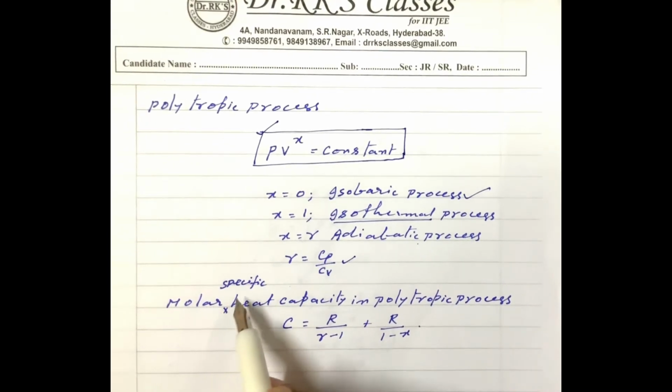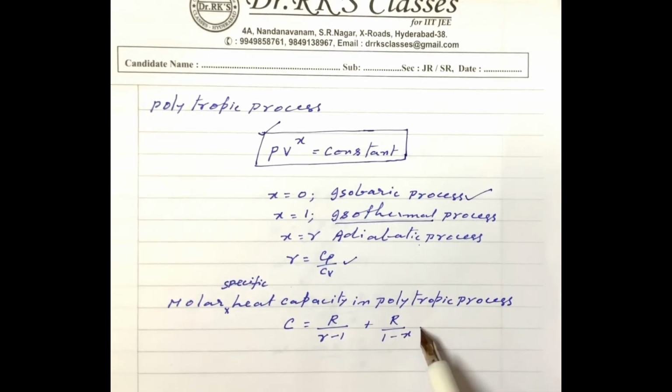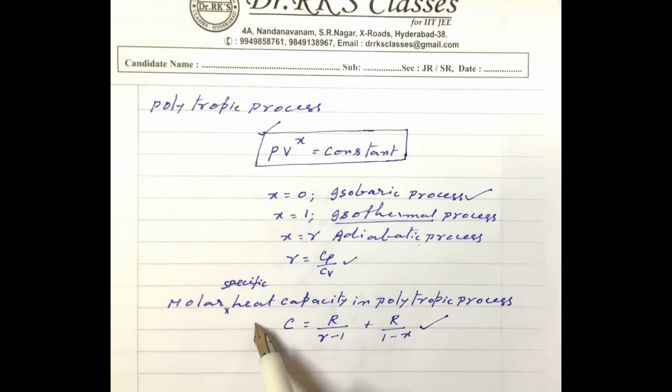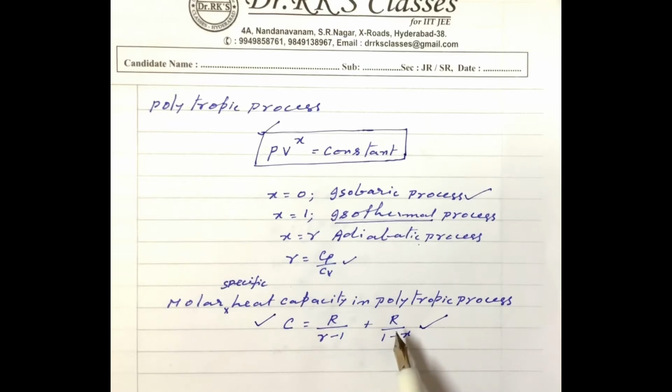The molar heat capacity in polytropic process is given by C is equal to R by (gamma minus 1) plus R by (1 minus X). So if you know the relation between P and V, immediately we'll get the molar heat capacity. This is the shortcut formula for polytropic process molar heat capacity.